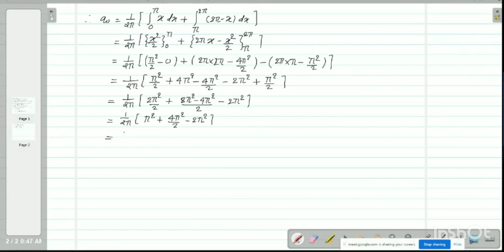So this equals 1 upon 2 pi, pi square plus 2 pi square minus 2 pi square. 2 pi square, 2 pi square gone. One pi will cancel from this pi, so you will get pi by 2. So a naught is pi by 2. Therefore we write a naught equal to pi by 2.